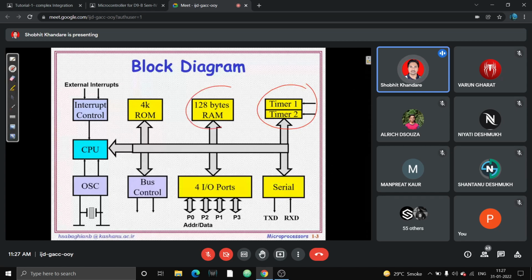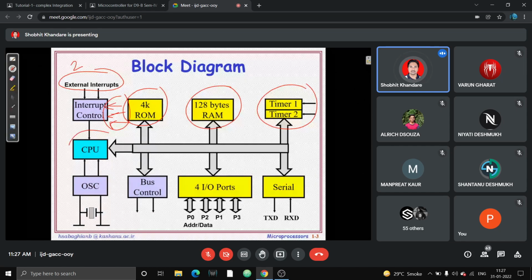It has 128 bytes of RAM. It has 4 kilobytes of ROM. Then it has 5 total interrupts. 3 internal interrupts are there, we will see the names of those. And we have 2 external interrupts. So these are the 2 external interrupts and 3 internal interrupts. So total there are 5.